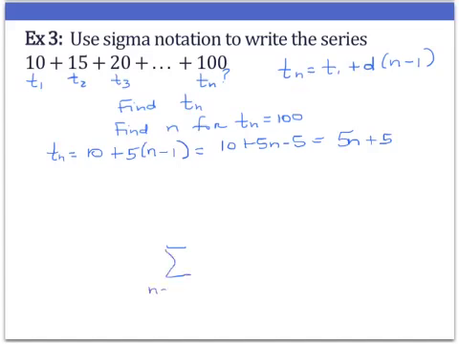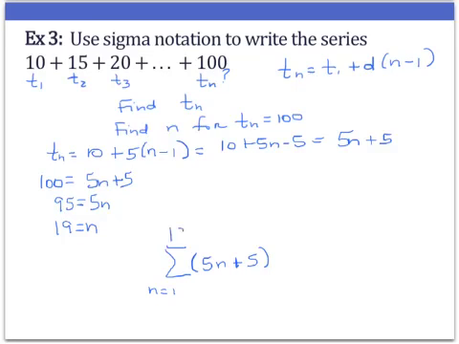We're going to start with 1, and we're going to add the terms of the arithmetic series, 5n plus 5. But we need to know what the n is for 100. So I'm going to substitute 100 in for Tn. And I'm just going to use 5n plus 5, and we're going to substitute in and solve for n. And n is 19, and that is our ending point. So this is the number that's going to go on top of sigma. So it tells me if we add the first 19 terms, we'll have those 19 numbers.